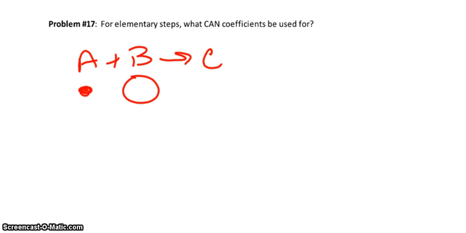So listen to this logic. If you double the amount of B, then you have twice as many B molecules, so the reaction is going to speed up by 2. So if that's the case, if you double the B, you're going to double the reaction. Well, that should sound awfully familiar because that means that the rate is going to be first order. Okay, and the same logic will apply with A. If you double the amount of A, you're going to double the rate at which the reaction is going to occur.